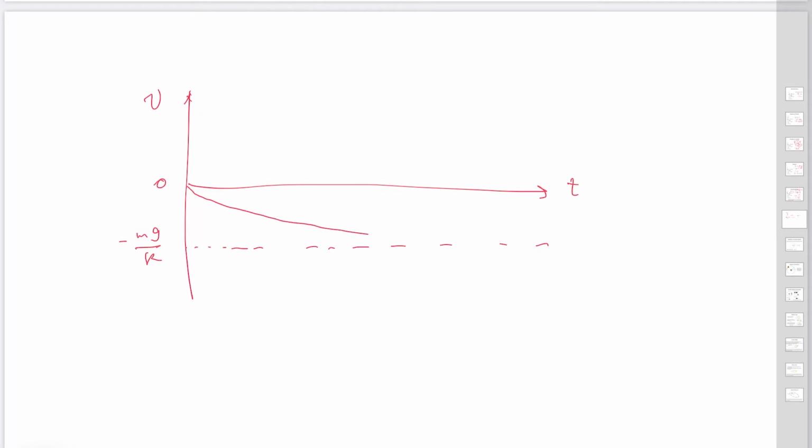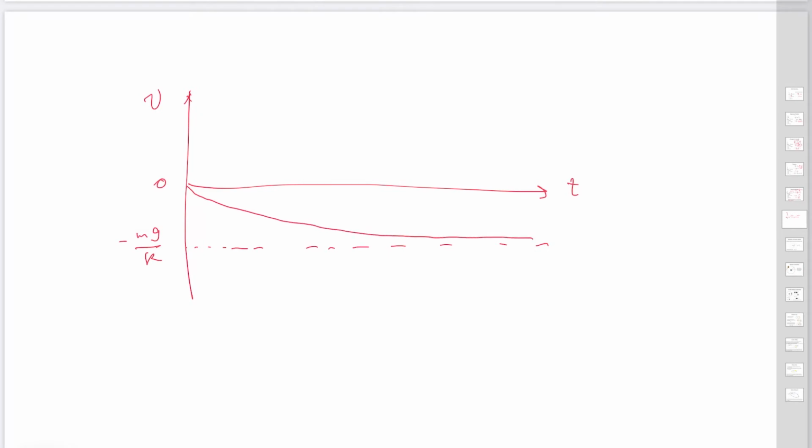If you draw the velocity on the vertical axis and time on the horizontal axis, the terminal velocity is minus mg over k. If you drop a ball, it approaches the terminal velocity.